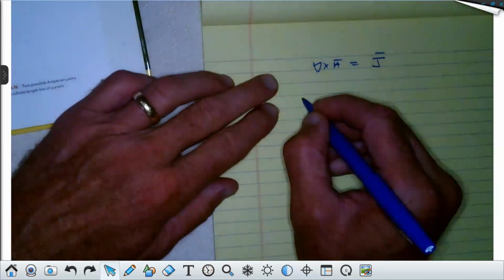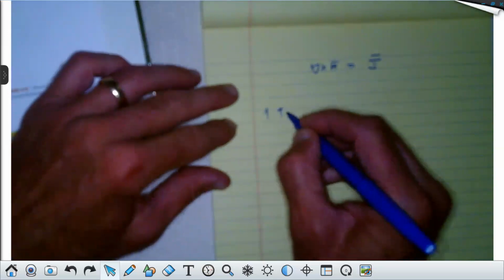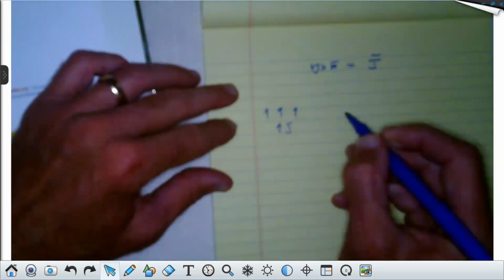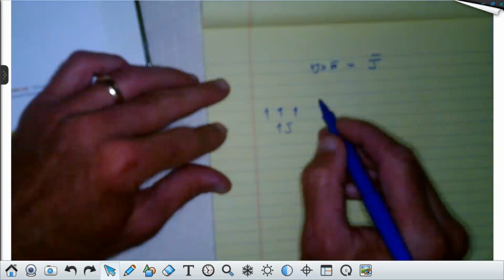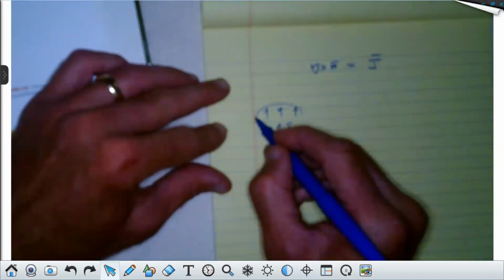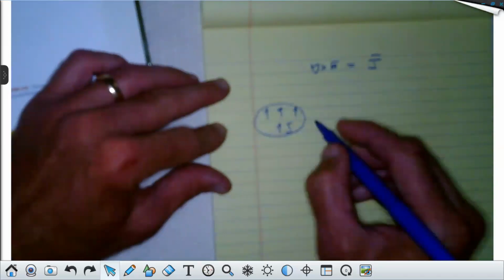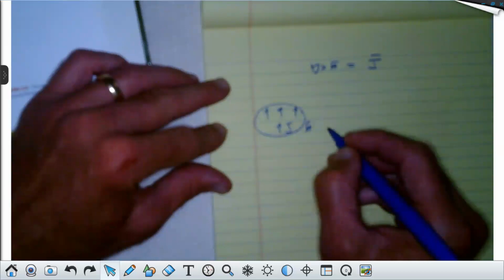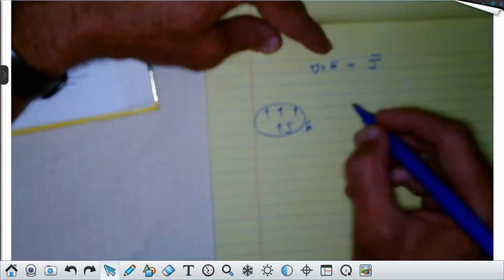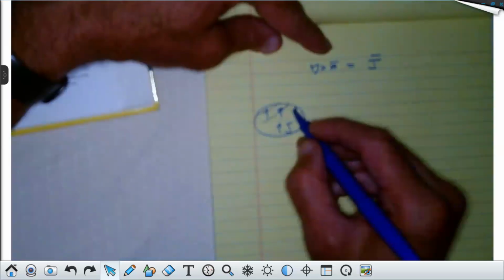Well, if I integrate J over a surface, say you got a current J here, and you wanted to find the H field, but there was some degree of symmetry, the H field around any kind of a loop. Well, there would be a surface here that the current would be piercing.